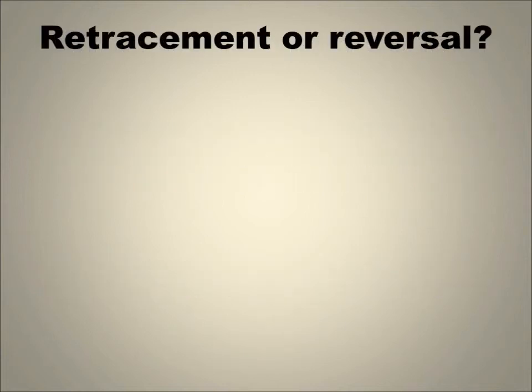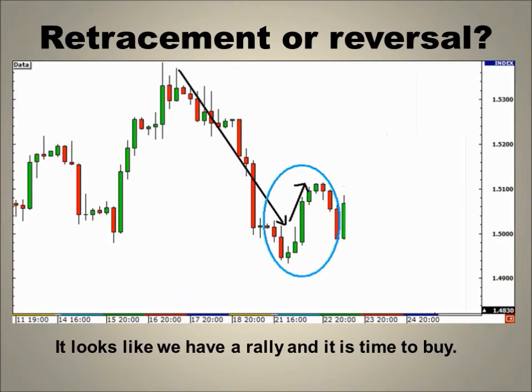Now, as I mentioned before in the video, there's a big difference between retracement and reversal. So here's the difference. A retracement just means that the market is correcting itself. Notice I said the word correct, if you remember my lecture on Elliott waves.